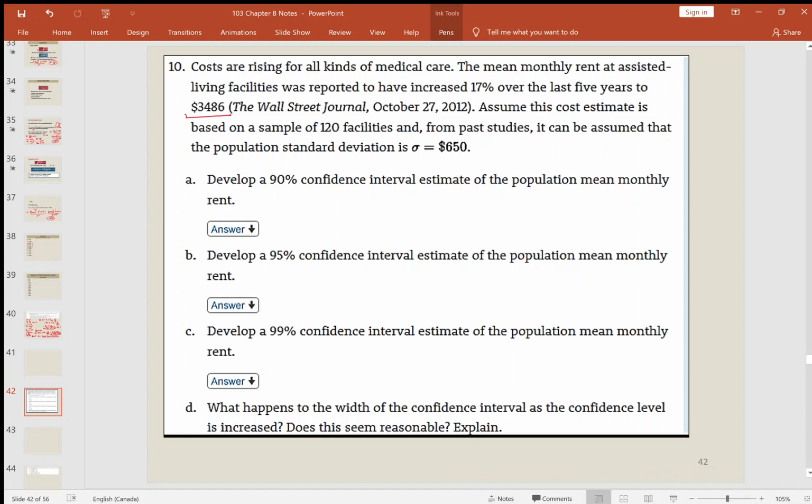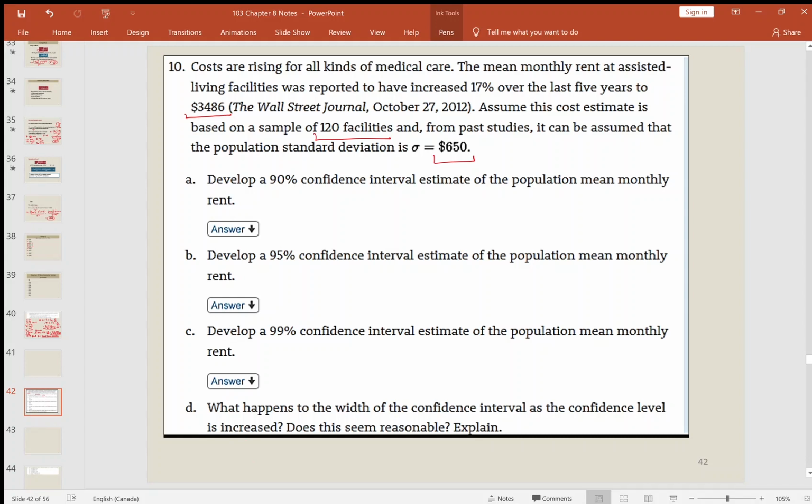Assume this cost estimate is based on a sample of 120 facilities, so that's your n. And from past studies, it can be assumed that the population standard deviation sigma is $650. Part A is develop a 90% confidence interval estimate of the population mean. B is develop a 95% confidence interval of the population mean. Part C is develop a 99% confidence interval estimate of the population mean. And D is what happens to the width of the confidence interval as the confidence level is increased.